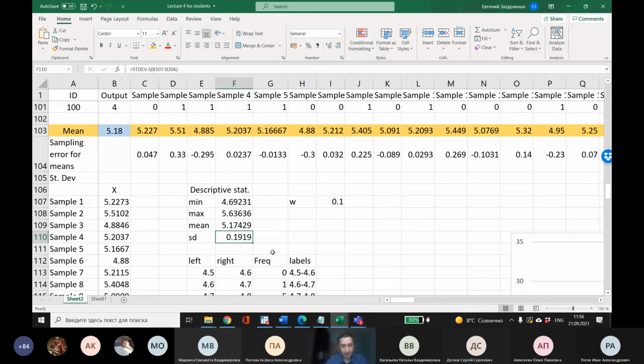But what is interesting here is that our mean is close to the population mean. The difference between the population mean and the mean of means is very, very small. Wow. Look, we can say that it's almost nothing.